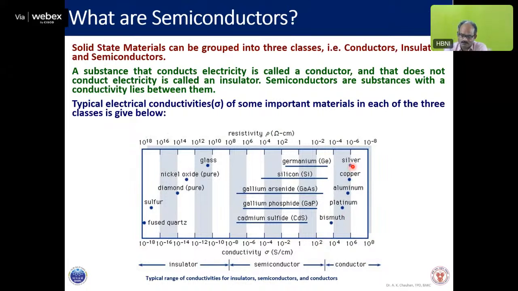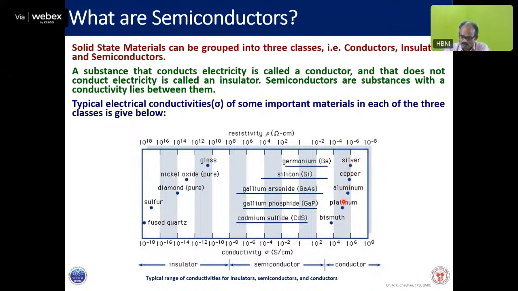In this class and maybe the next couple of classes, when I say conductivity, I mean electrical conductivity only, not thermal. When we come to thermoelectric materials, we will have some thermal conductivity portion also, but here it is mostly electrical conductivity. So on this side, they are very good conductors.